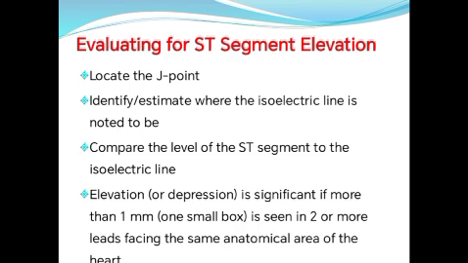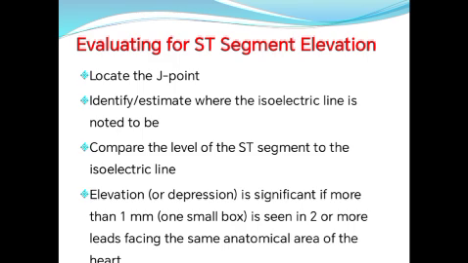So we locate the J point from which we can determine the ST elevation, identify the isoelectric line, and compare the level of ST elevation from this line. Either elevation or depression is significant if more than 1 millimeter, that means one small box, and it should be seen in two or more leads facing the same anatomical area of the heart. Okay, what does that mean?